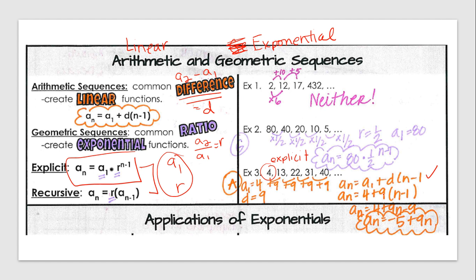My common difference was 9, and we have to do a little simplifying because I have this set of parentheses, so I've got to shoot that rainbow through. 9 times n is 9n, 9 times -1 is -9. We simplify, 4 and -9 are like terms, 4 minus 9 is -5. This is my explicit rule for that arithmetic sequence.